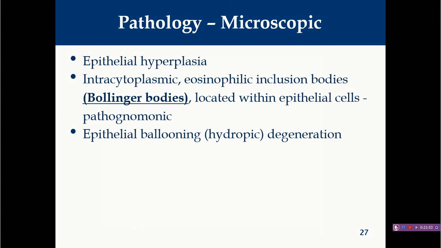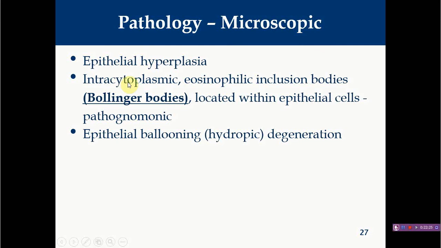Now the microscopic picture. Microscopically, you will find a variety of lesions starting from ballooning degeneration to reticular degeneration, papules, then vesicles, pustules, scab formation, as well as epithelial hyperplasia. The most important thing that you will find in fowl pox virus infection is an intracytoplasmic eosinophilic inclusion body, because this virus replicates inside the cytoplasm.